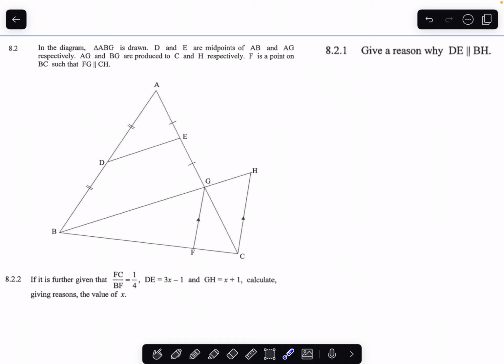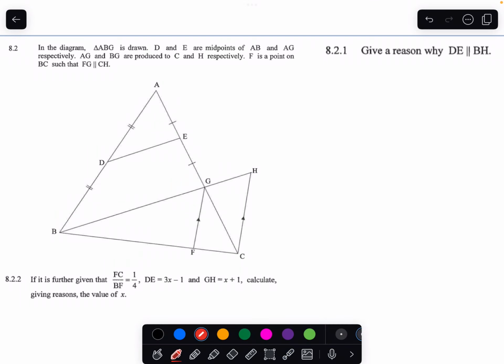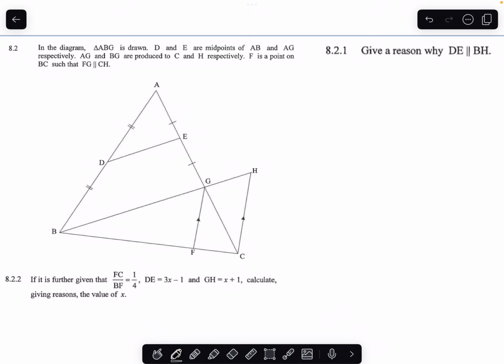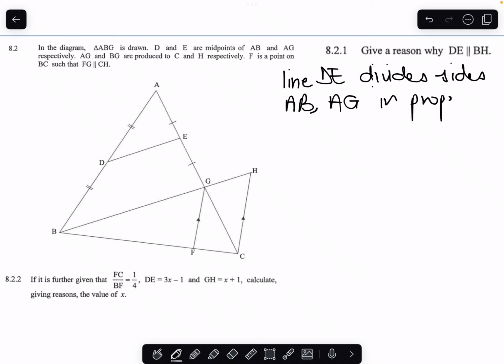First question: give a reason why DE is parallel to BH. That's what we spoke about. The reason is that the line DE divides the sides AB and AG in proportion, that proportion being 1 to 1.